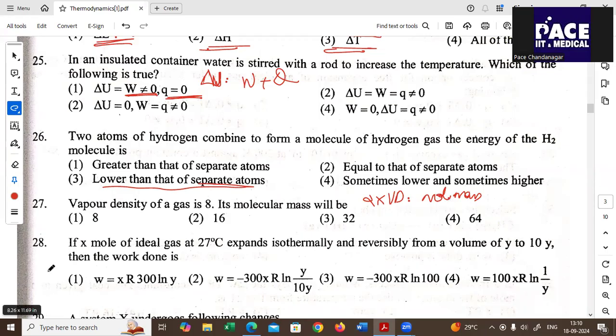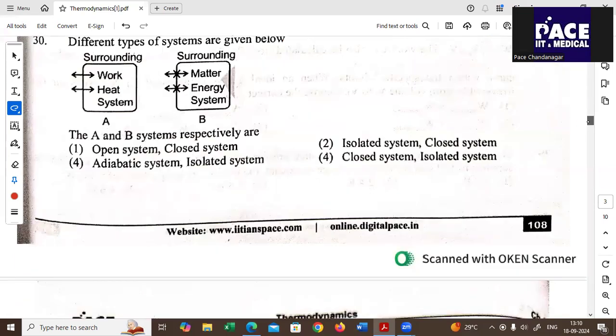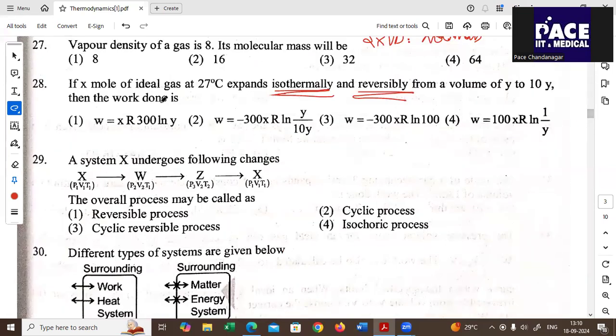Next, question 28. If X moles of a gas at 27 degrees Celsius expands isothermally and reversibly from volume Y to 10Y, then the work done will be how much? Work done is minus nRT ln V2 by V1.